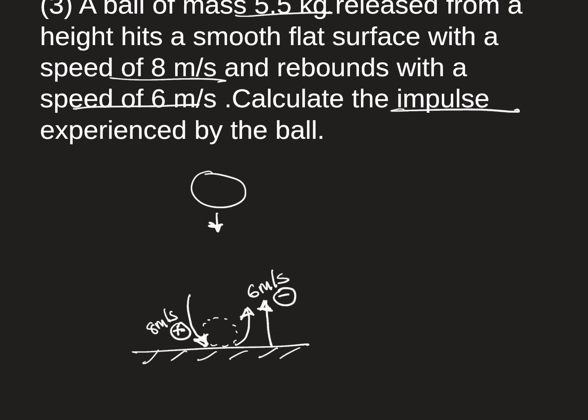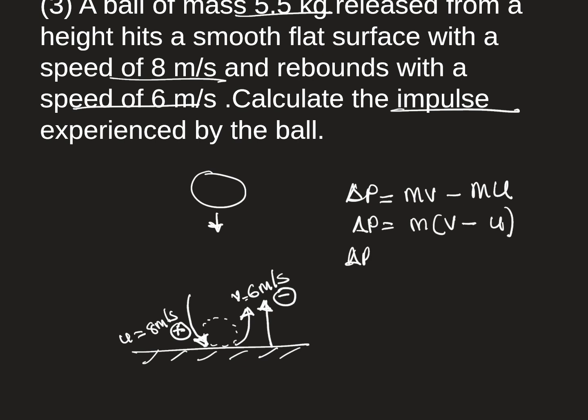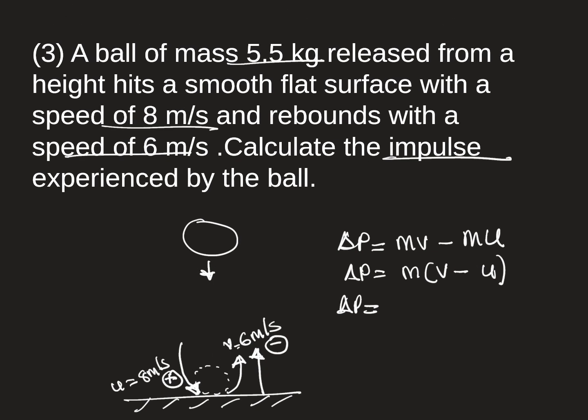So what is the change in momentum? This will be the initial velocity here, this will be the final velocity, and the change in momentum is mv minus mu, that is, m into v minus u. What is the mass?